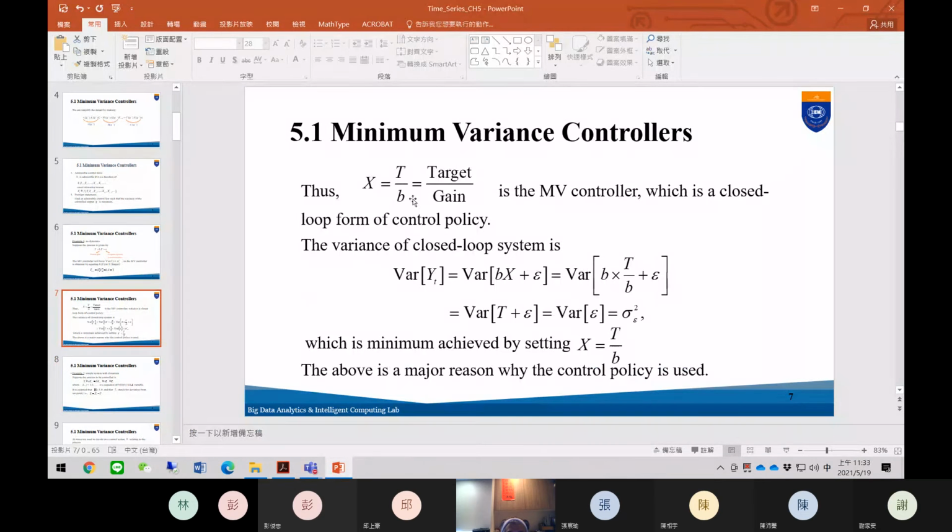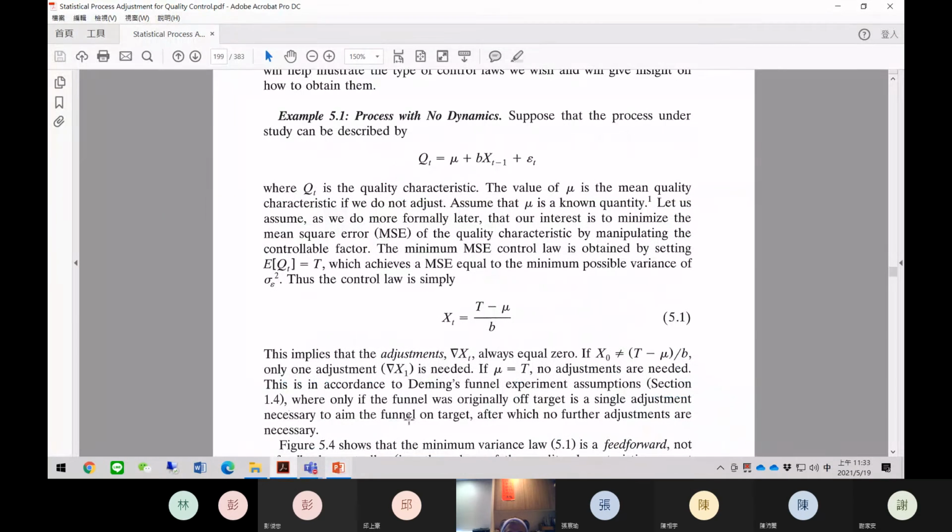So the T minus mu over B, if it is an intercept, use the mean of the quality characteristic if we do not adjust. So Q_t is the quality characteristic, mu is the mean. Our objective is to minimize the mean square error of the quality characteristic by manipulating x_t. How can we manipulate x_t to achieve the minimum variance control?